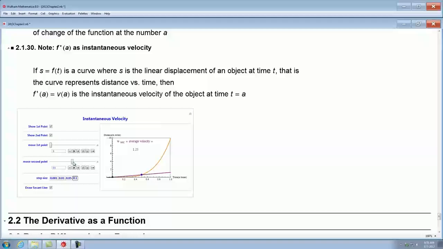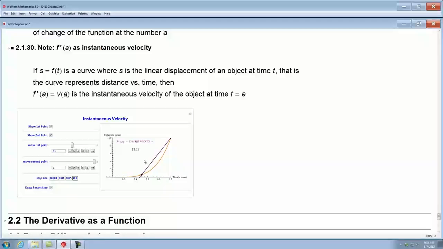Now, in the second half hour, I'm moving my first point to 0.5, my second point to the end. Now, in the last half hour, I was traveling at an average speed of 18.75 miles per hour. So in the first half hour, I wasn't going that fast on average. In the second half hour, I had to go a lot faster on average.